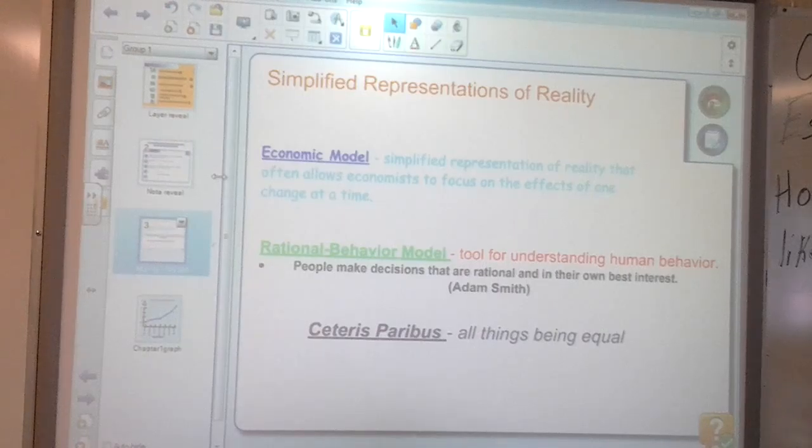So when you're looking at an economic model, it's very simplified, because you're only changing one thing. You're raising gas prices 10 cents. What will that do? If we lower the interest rate 0.5%, how will that change the way the economy is running? So you take one thing and you change it, and then you look at how it affects the economy. And this is all theoretical.